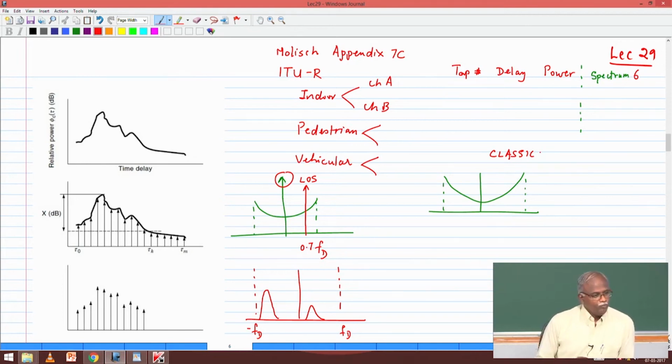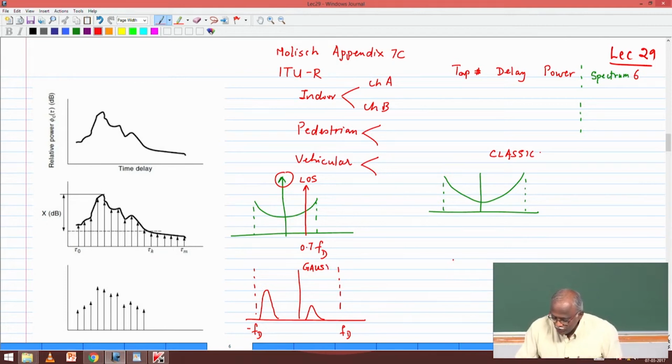There is a strong component near minus FD and a medium strength component, but not all frequencies are present. There are some dominant paths. So these are slightly different environments. This is called Gauss 1.